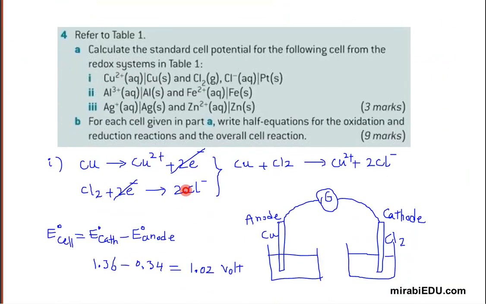For example, let me talk about magnesium. Magnesium is more willing to lose electrons, and copper is less willing to lose electrons.